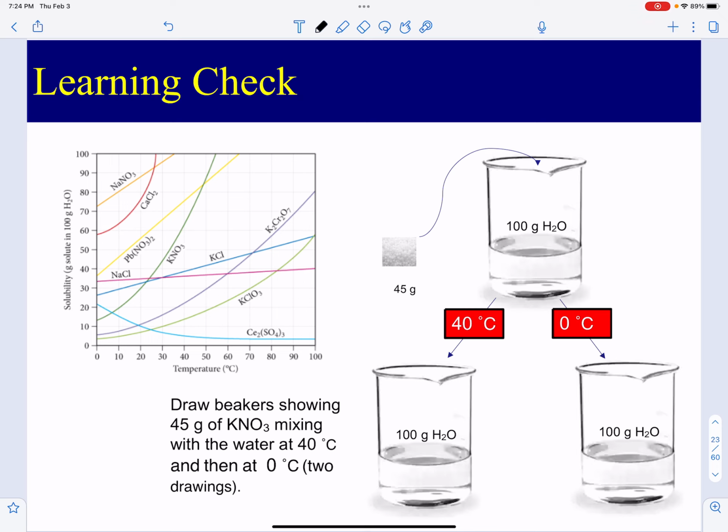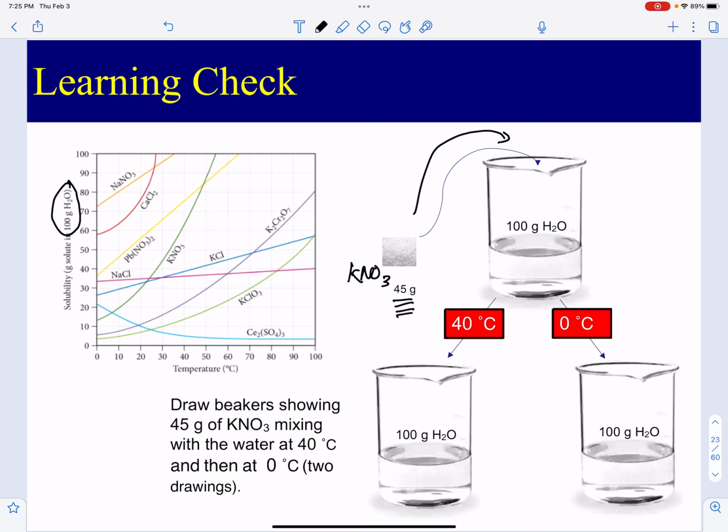So let's try this concept. Let's make sure we understand it. The question was: draw beakers showing 45 grams of potassium nitrate mixing with water. So we have 45 grams of potassium nitrate, and we're going to mix it with water, just like the drawing is showing. And we have 100 grams of water, which goes hand in hand with the graph that we're using.